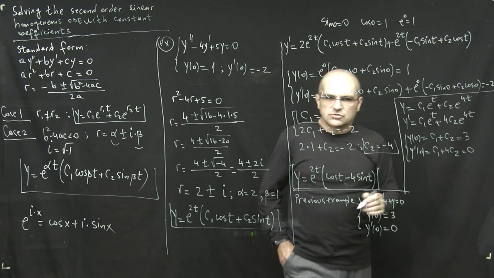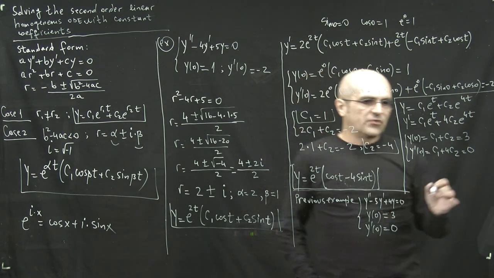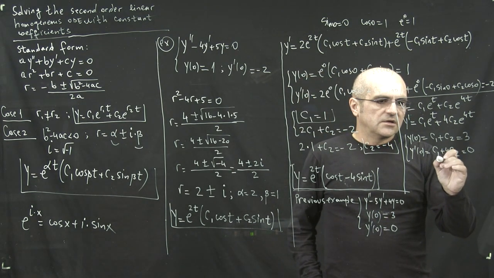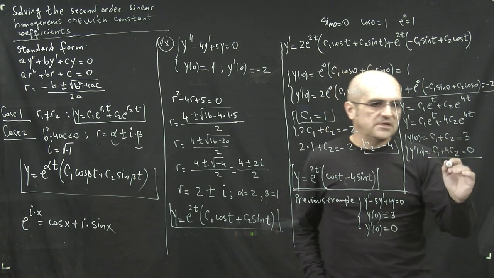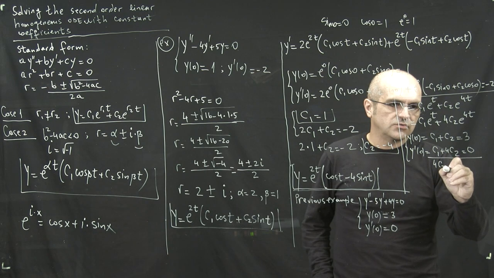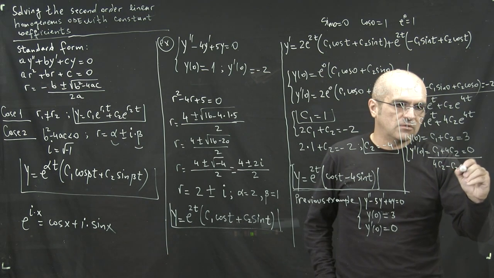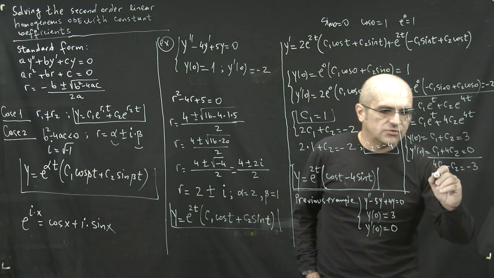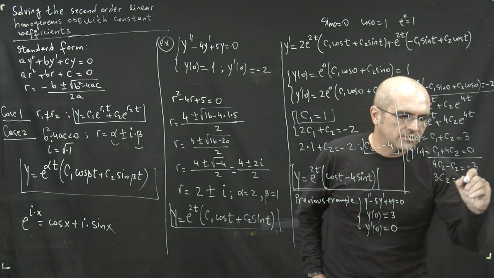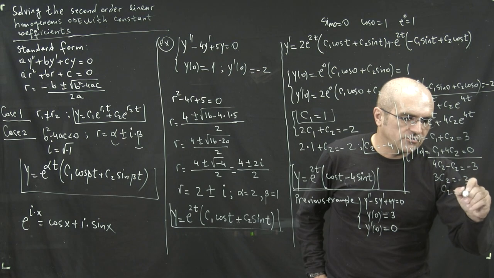Use elimination when you solve these systems. It's the easiest thing. So for example, I can subtract the first from the second equation. C1 minus C1 is 0, and I get 4C2 minus C2 equals 0 minus 3. So that gives me 3C2 equals minus 3, C2 equals minus 1.